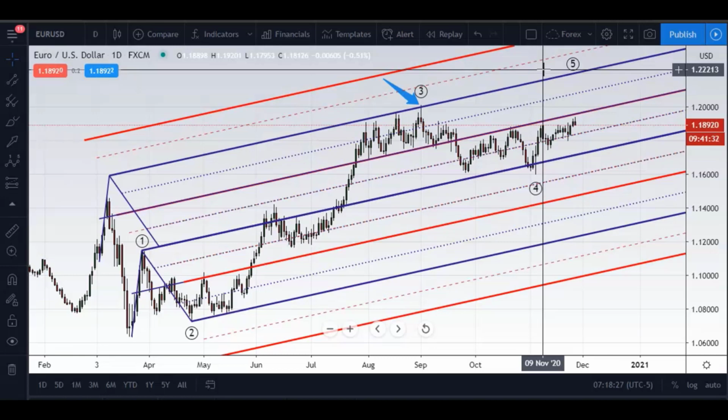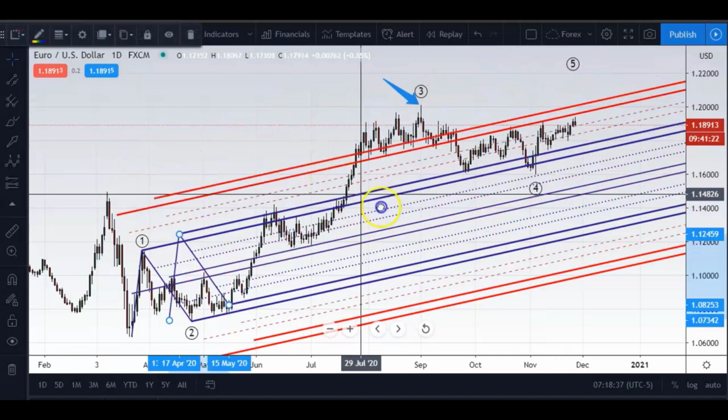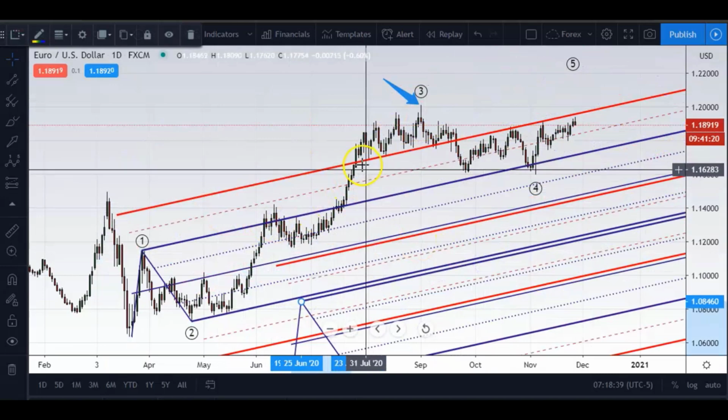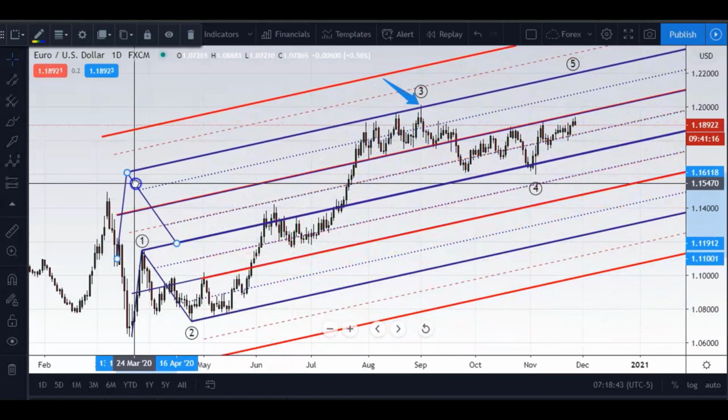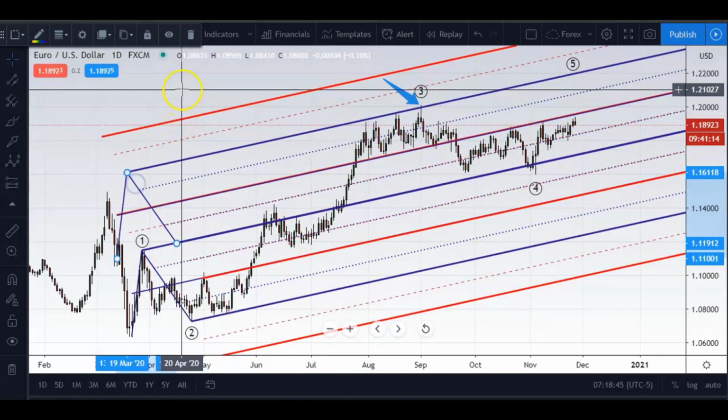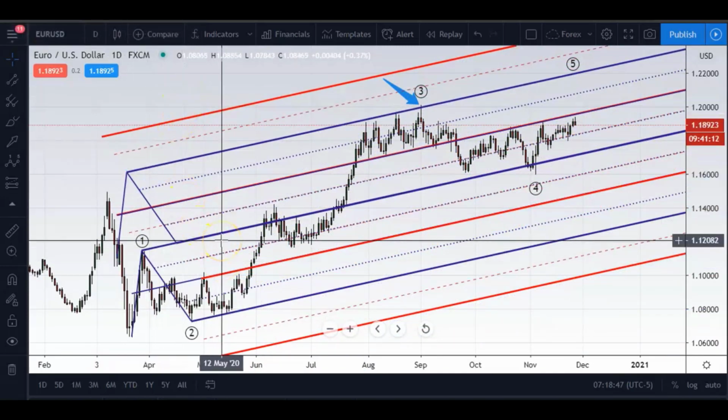But I find in the majority of cases that if you use a shift pitchfork or even a modified pitchfork, they contain price much better. And even though, like in this case, price moved above the boundaries of this original or shift pitchfork, you just copy and paste it above and apply it to the top side, and they will continue to work for a very, very, very long time.